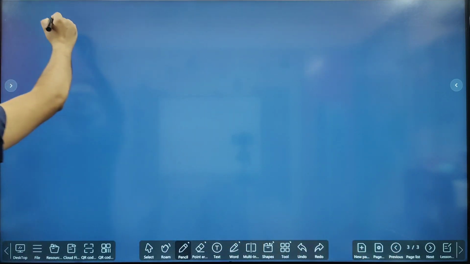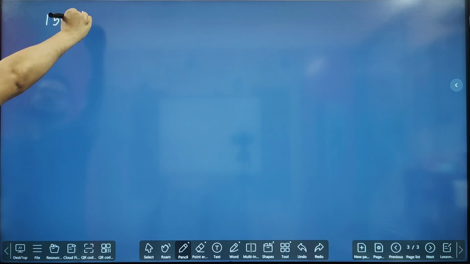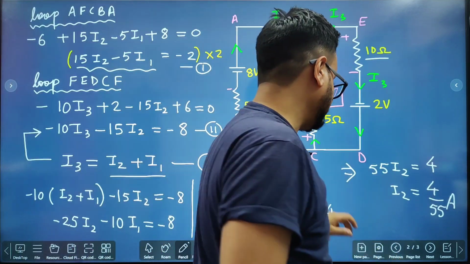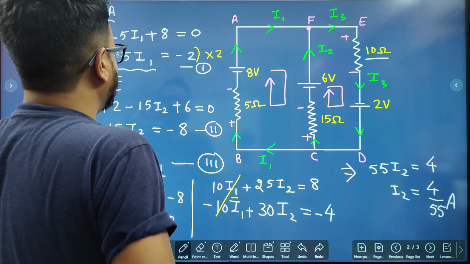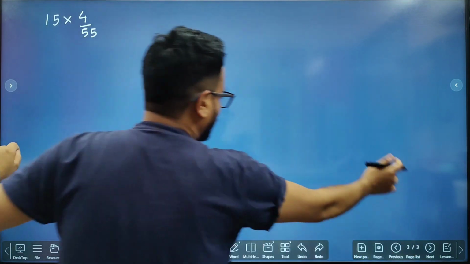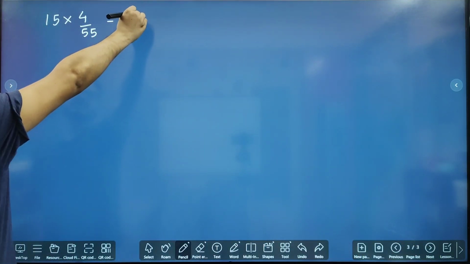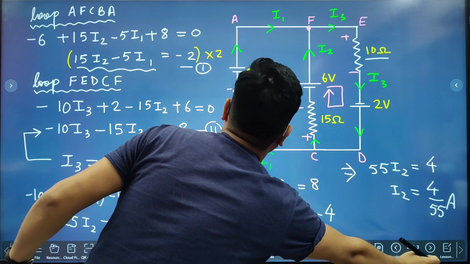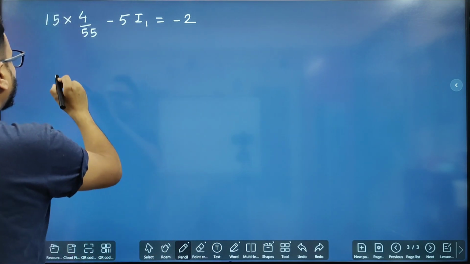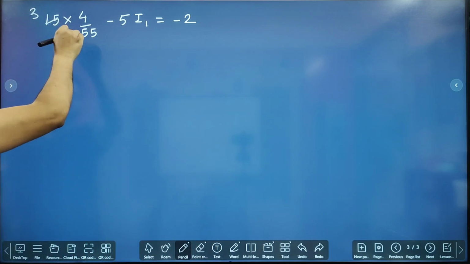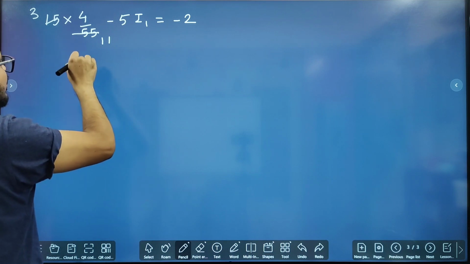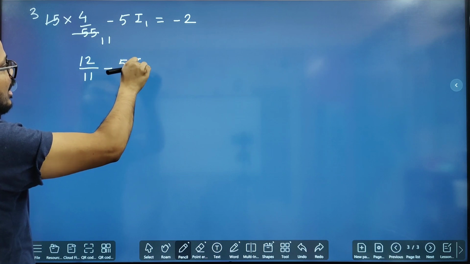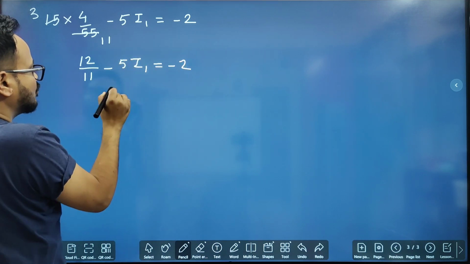So it will become 15 into 4 by 55, minus 5 I1 equal to minus 2. 5 into 3, 5 into 11. So it is 12 by 11 minus 5 I1 equal to minus 2.